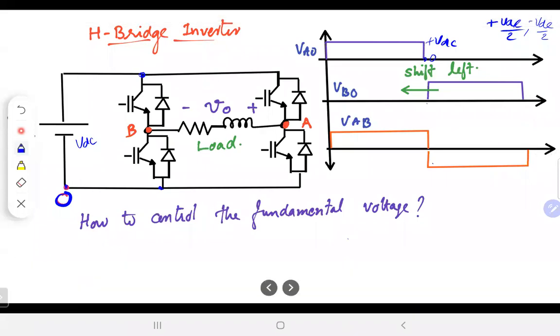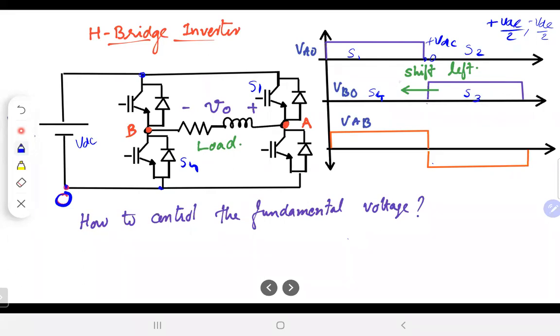It will be S1 and S4 turned on for this one, and sorry, this is S1, this is VBO, should be corresponding to S4, and here it is S2, and here it is S3.